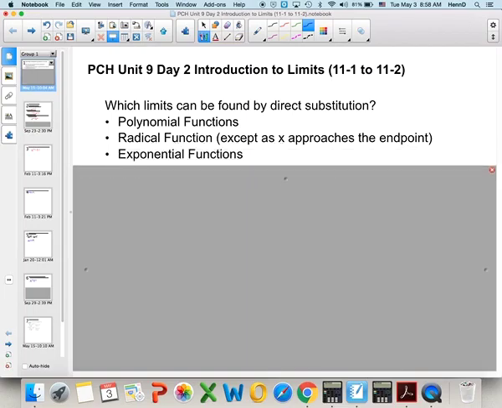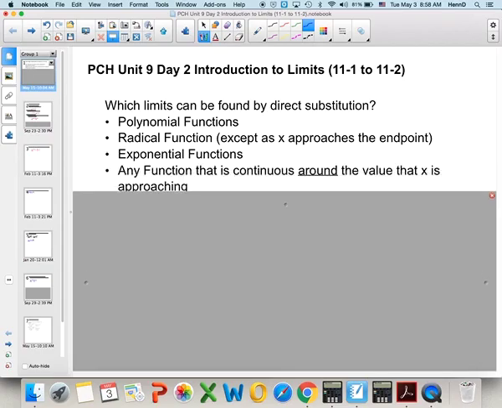So, that's another case. Exponential functions. We know the domain is all real numbers, right? We looked at those back in chapter 4, I believe. Exponential functions, the domain is all real numbers. There are no points of discontinuity or asymptotes in there, so we can simply evaluate that function.